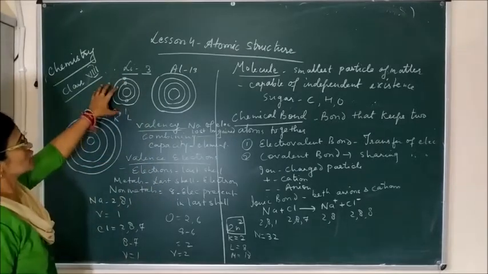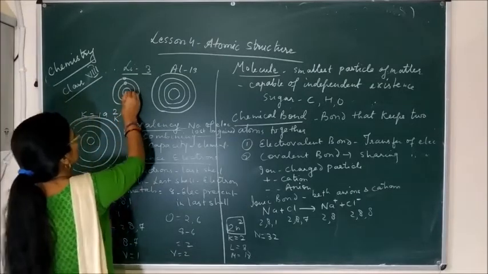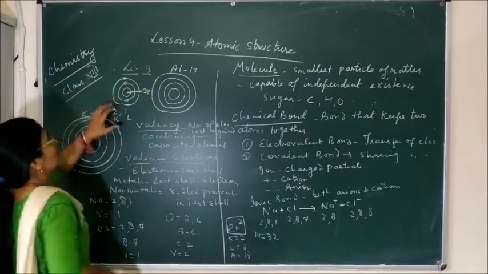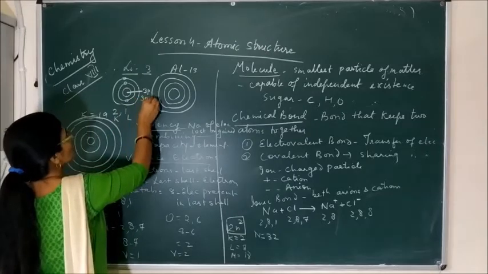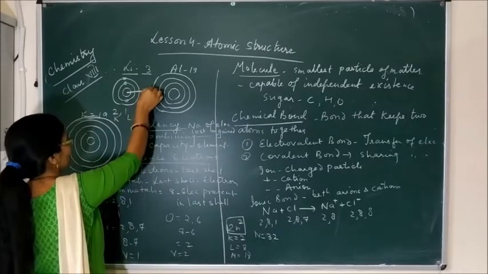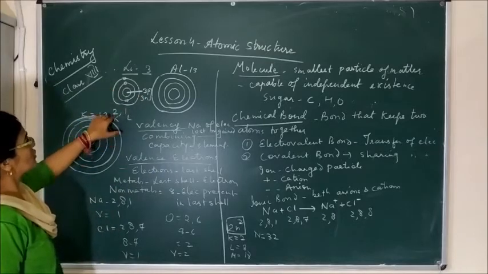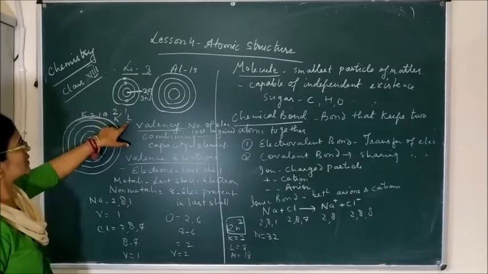In the nucleus 3 protons will be present, and 3 neutrons are also there. So protons and neutrons are present in the nucleus, in the first shell 2 electrons, and in the L shell 1 electron.